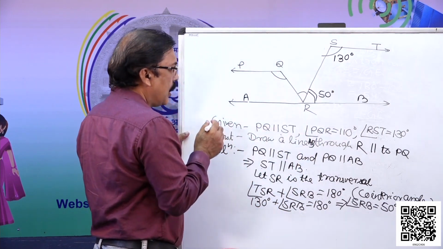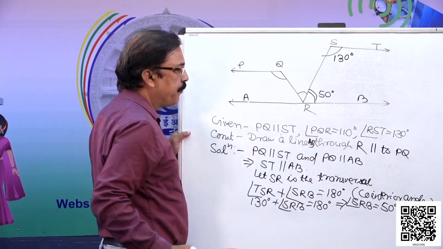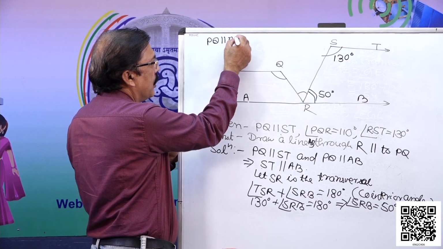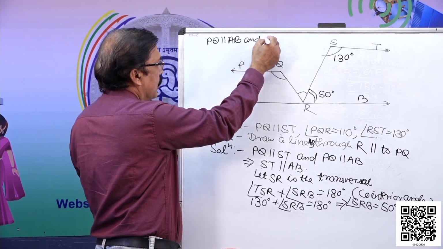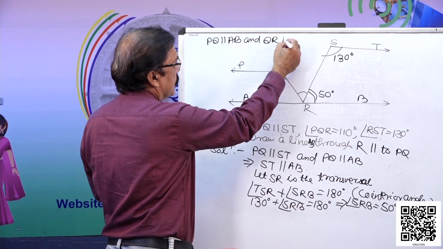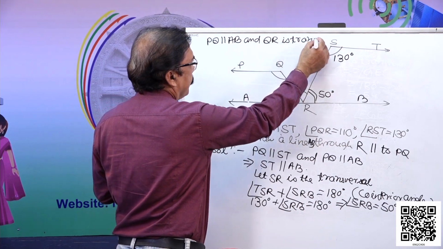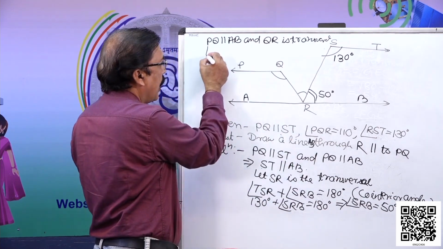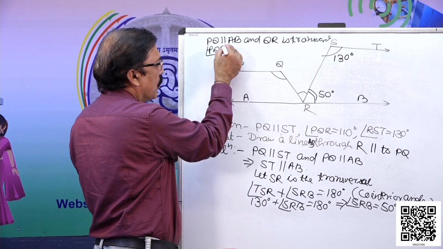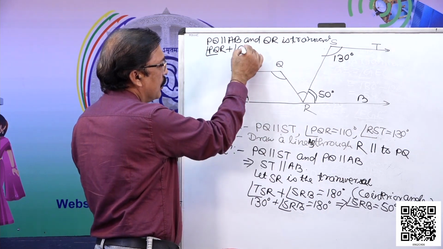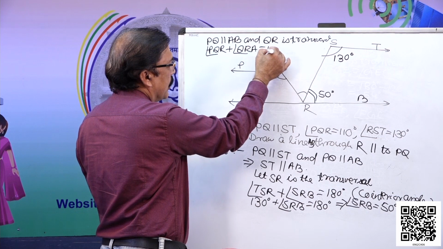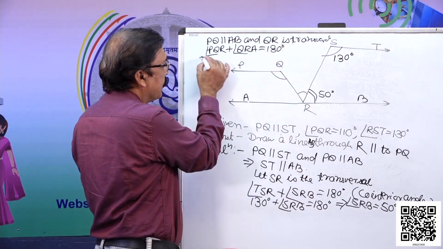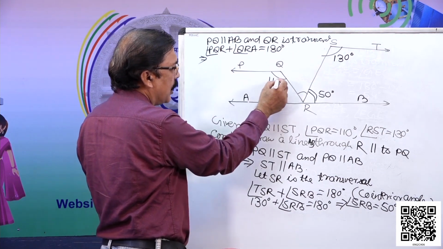Now come to the parallel lines PQ and AB. If PQ is parallel to AB and QR is transversal, then what happens? Similarly, angle PQR plus angle QRA is equal to 180 degree, co-interior, and angle PQR is 110 degree.